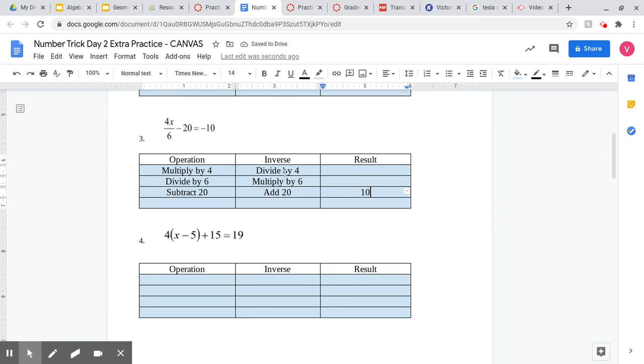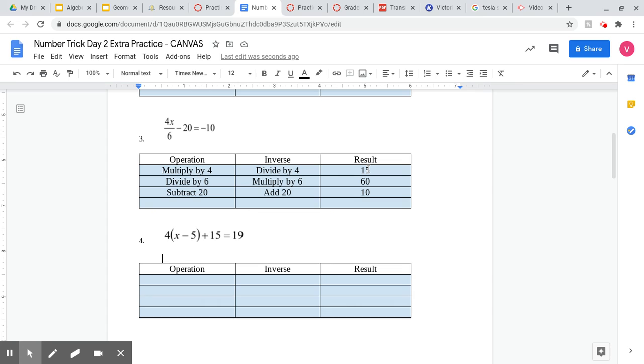Okay, and then we take this positive 10 multiplied by 6. Oh, well, that's 60. Oops. Okay, 60 divided by 4, and you can totally use calculators. You can always use calculators with me. I love calculators. 60 divided by 4 is 15. So that must mean that the person started with the number 15.